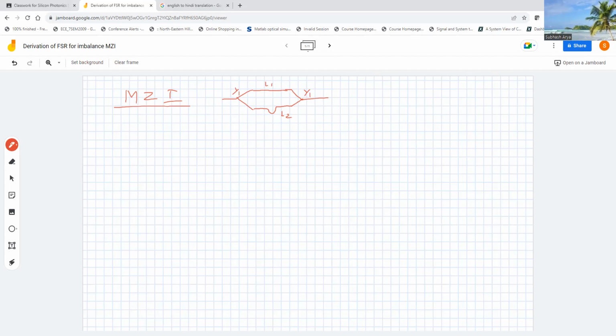So in imbalanced MZI, we have L1 not equal to L2.